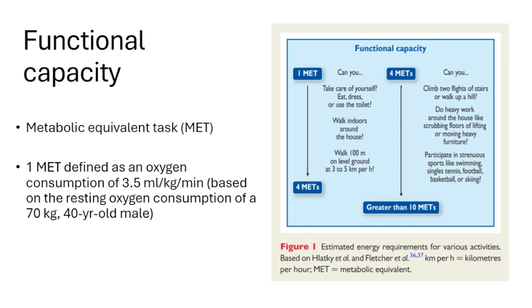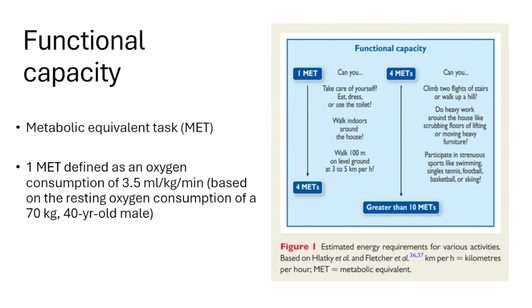The functional capacity is defined as the activity that the patient can perform, the maximum or near maximum activities that the patient is capable to perform. This is expressed in terms of metabolic equivalence.